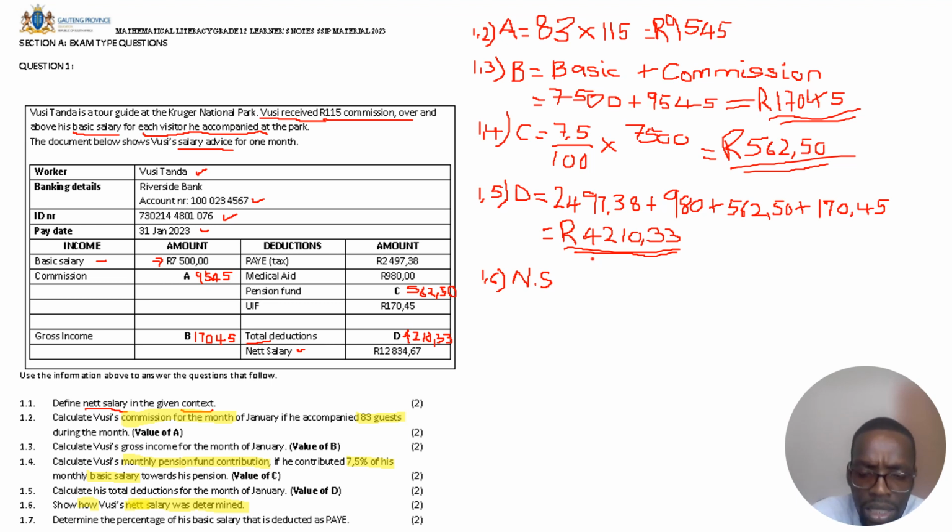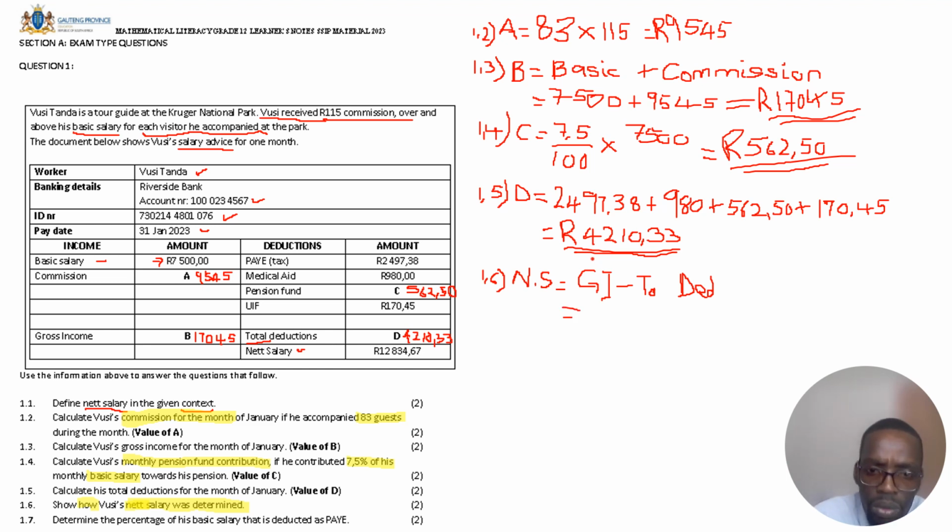Net salary is equal to gross income minus the total deductions.